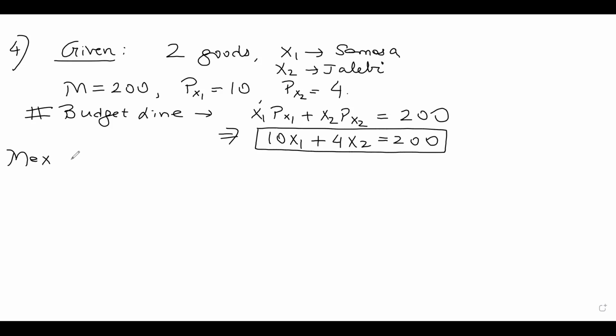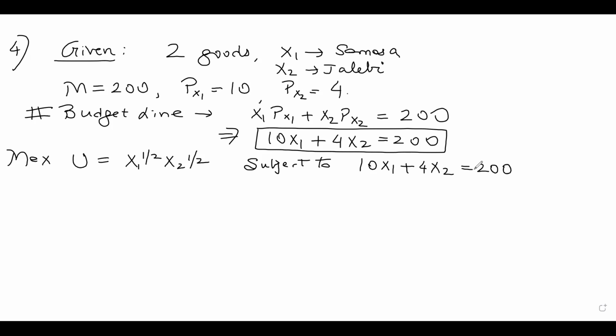Now my objective is to maximize utility, which is x1 to the power half, x2 to the power half, because square root of x1, x2 I can write as x1 to the power half, x2 to the power half, subject to the budget line 10x1 plus 4x2 equal to 200.